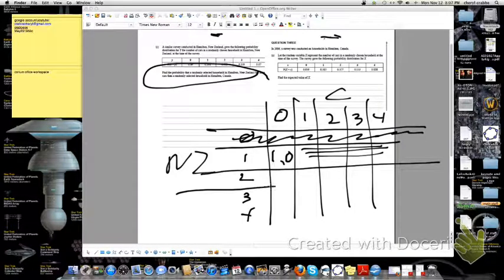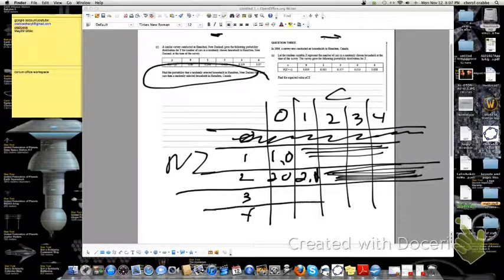And then there's really no other situation where New Zealand has more cars. Where New Zealand has 2 cars, you can have 2 versus 0, and you can have 2 versus 1. And really, that's all the chances of New Zealand having more cars than Canadians.